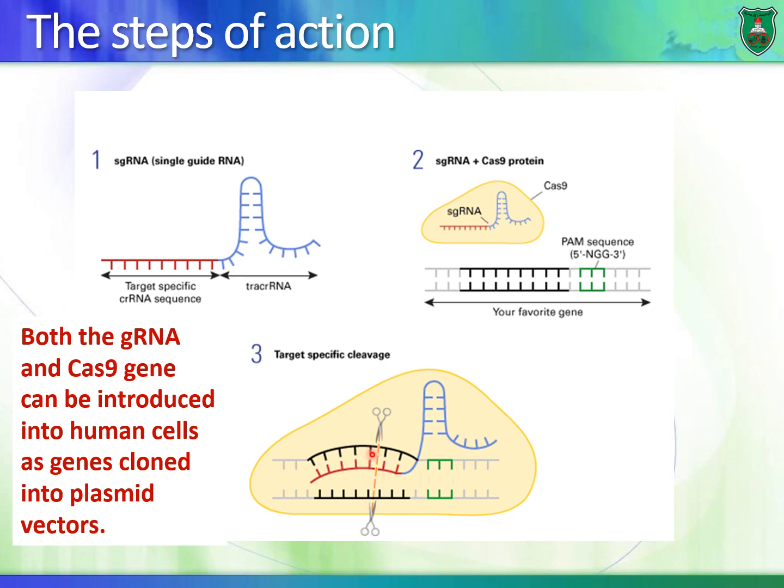Okay, so what we can do is that we can transfect cells with a plasmid vector that contains the guide RNA, and it also contains the Cas9 gene, the bacterial gene. So we can introduce both of these into human cells. So the RNA would guide the Cas9 protein to a certain region in the human chromosome, and Cas9 would cleave it. Okay, so that's the idea, it is quite genius.